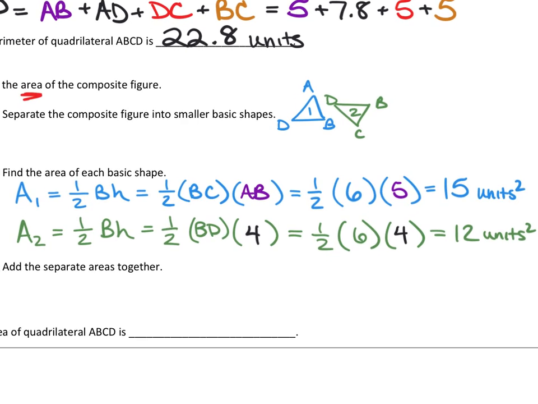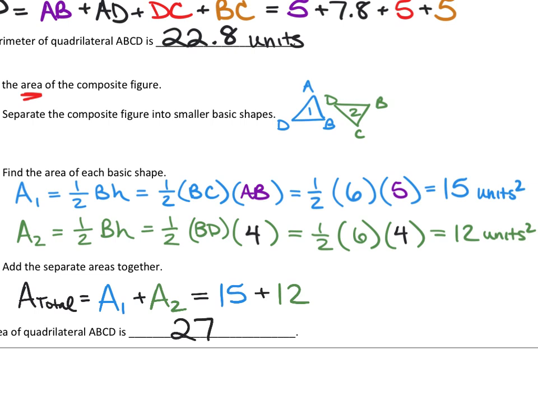So to find the total area of this composite figure, area total, you would add the first triangle plus the second triangle, which would be 15 plus 12, which is how many? Ooh, if we just say 27, it's wrong.